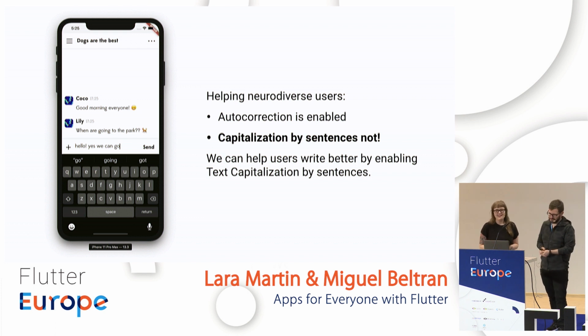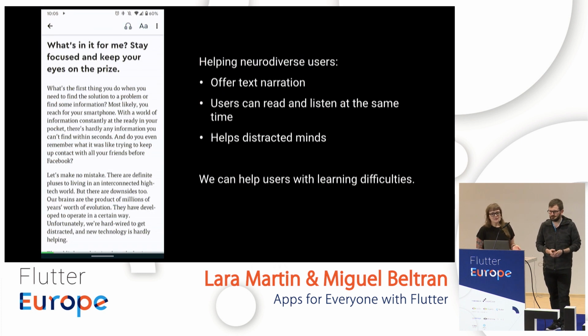Enable capitalization. You know what I mean. And that's also something that will be happening each time that you write a new sentence. We can help users by enabling that. And that's going to be a quick fix that we will show later.